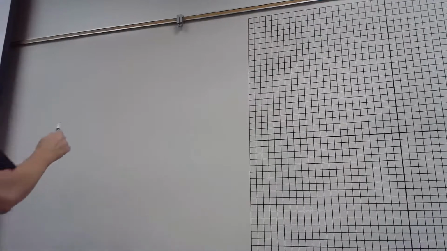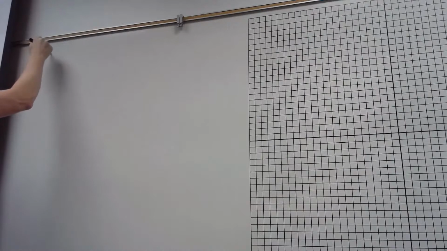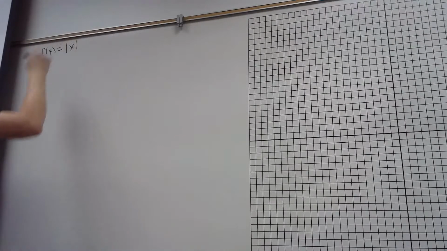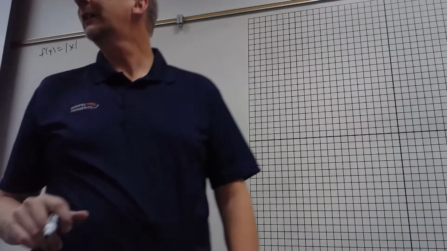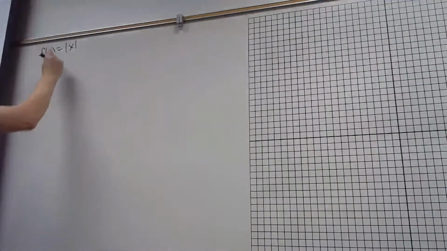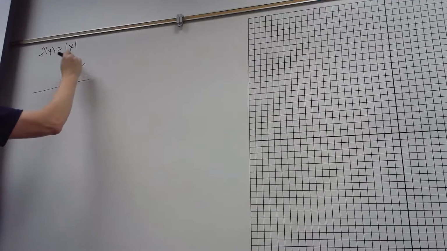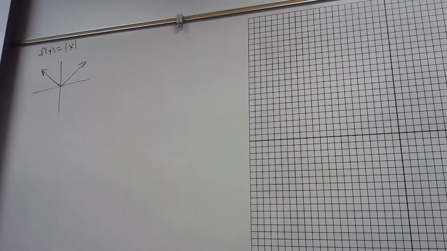Okay, there were just a few things that we didn't cover in chapter 2.2. One of them was the function f of x equals the absolute value of x. Now, that's a pretty easy graph because it's just a giant V. So that's another graph you should know.